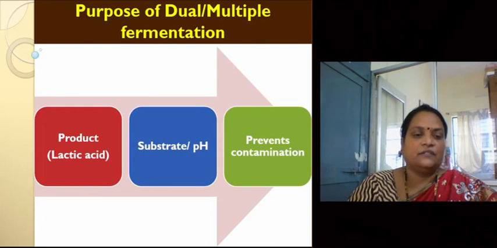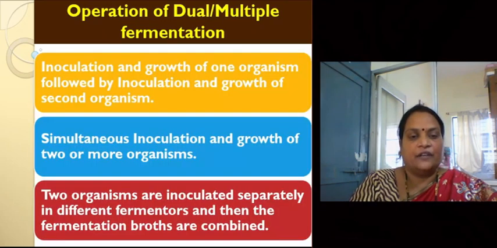So product will be produced by the organism. That product will maintain the suitable pH. It will act as a good substrate for growth of another organism and it will also prevent the contamination.